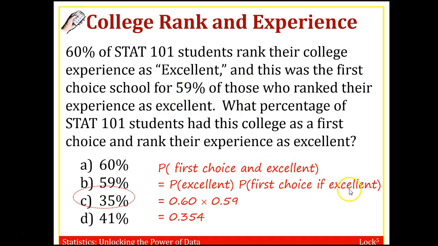We're assuming they selected excellent as their college experience. So the probability of first choice and excellent is the probability of excellent times the probability of first choice if excellent. Keep in mind, whatever this event is has to go along with the if event in the second probability. So we just need to multiply the 60% times 59% to get 34.4%, around 35%.